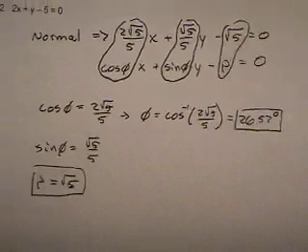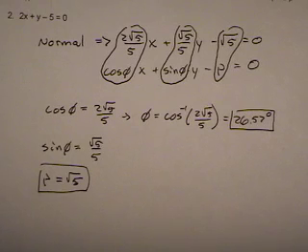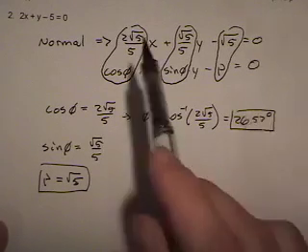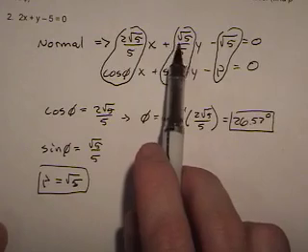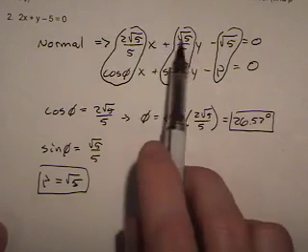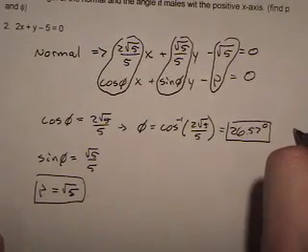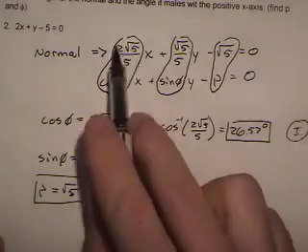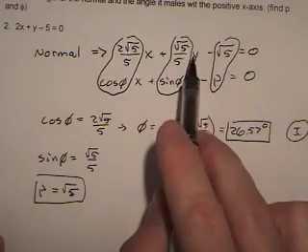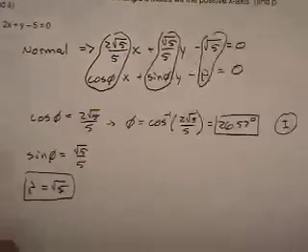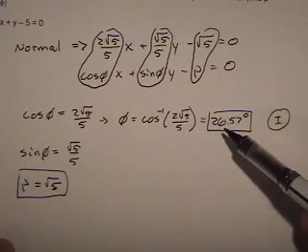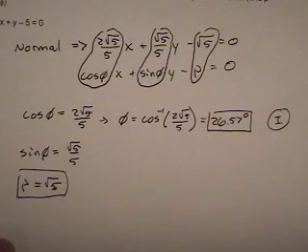The last piece, when you do these, just to check: when I came out, I had a positive x and a positive y. So I know what quadrant I'm in. I'm in the first quadrant, because it's a positive number times x and a positive number times y. My angle came out to be first quadrant, so I'm good.